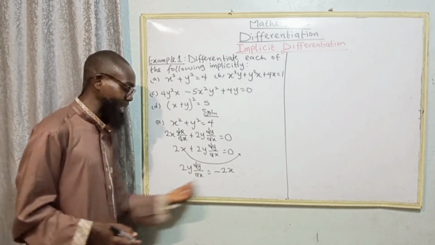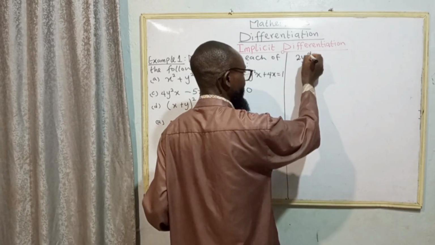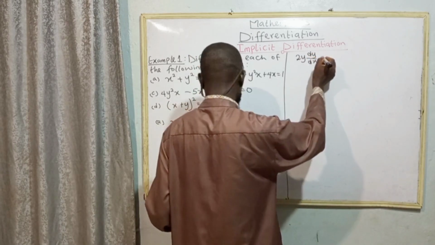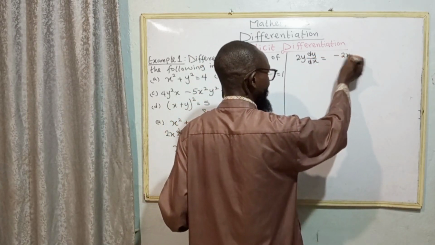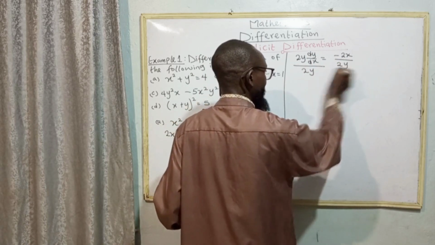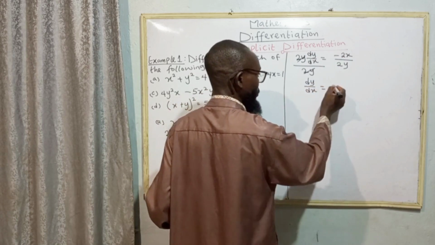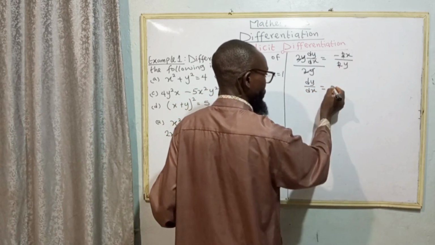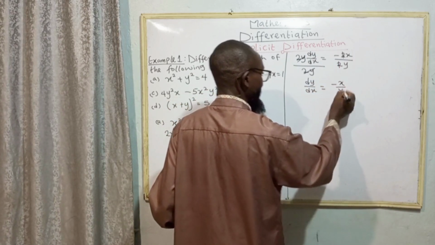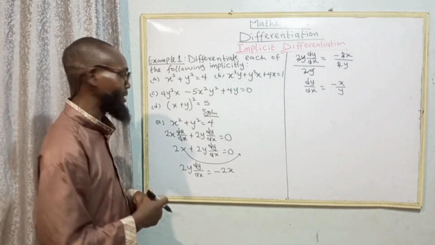So we divide both sides by 2y. 2y cancels 2y, dy/dx is equal to minus x over y, since 2 goes into 2. So that is our dy/dx. We are able to differentiate this implicitly.